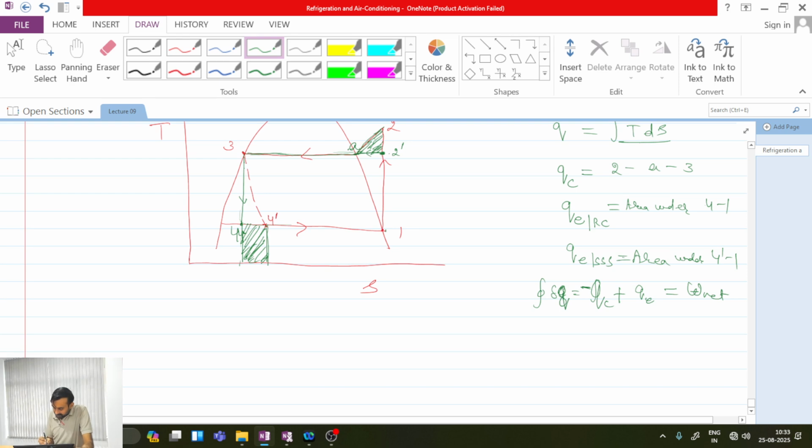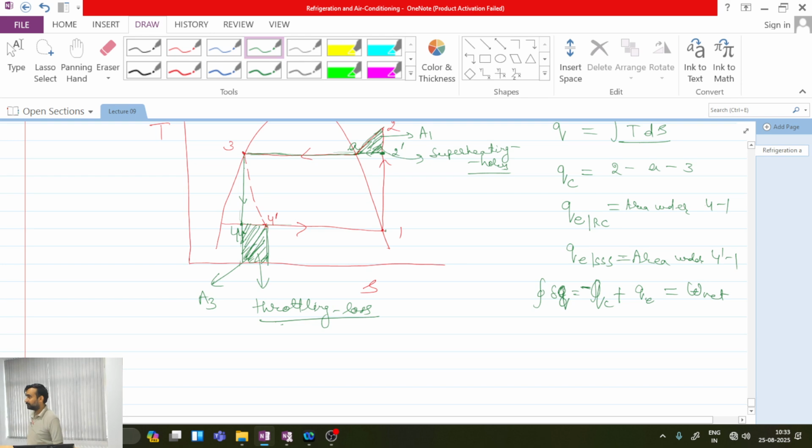Say this area is A1 and this particular area is called the superheating horn. And this area, let me call it A3, is called the throttling loss.